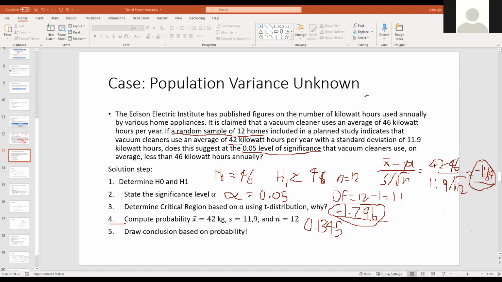And then the observation result, we get the t value equal to minus 1.164. So in this case, is it less than or greater than? The t value is greater than. Greater than. Yes.